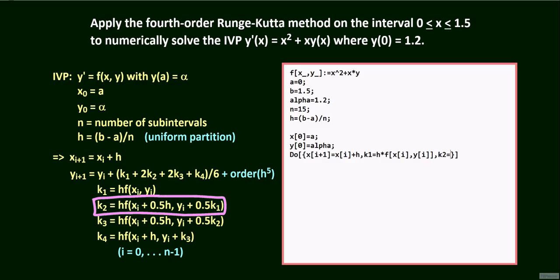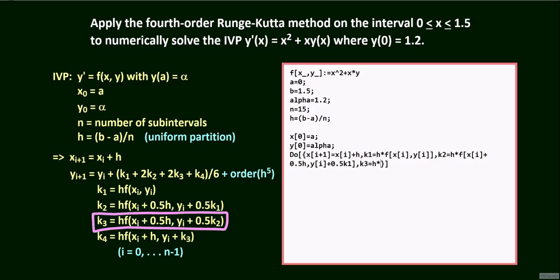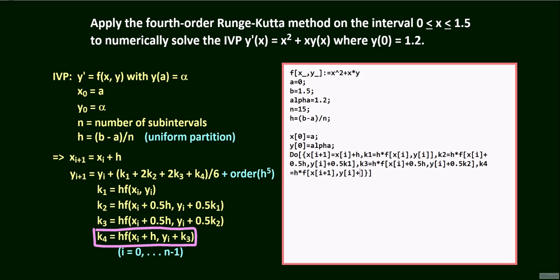K sub 2 equals h times f applied this time to x sub i plus half a step size, and to y sub i plus half of k sub 1. K sub 3 equals h times f applied to x sub i plus half a step size, and to y sub i plus half of k sub 2. K sub 4 equals h times f applied to x sub i plus h, or x sub i plus 1, and to y sub i plus k sub 3.